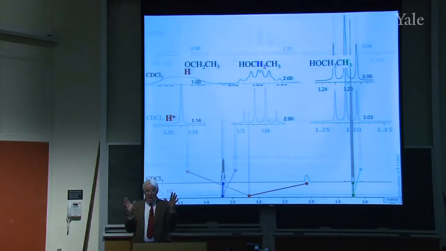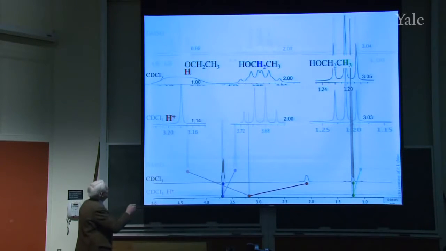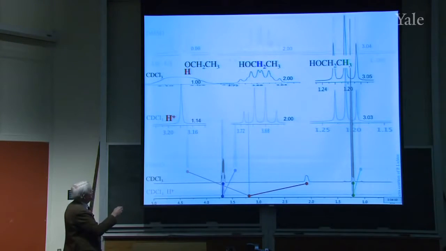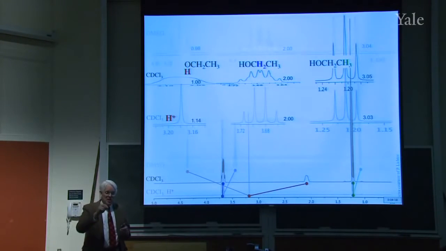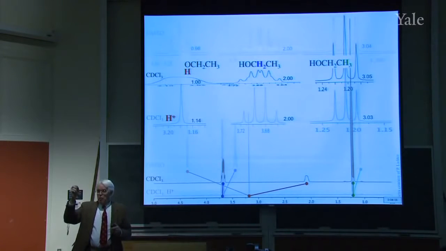Most of the time they're on alcohol, but sometimes, 14%, they're as H+. And what you're seeing is the average of those in this case. So this is averaging. The H's are zipping around not only between acid and alcohol, but from one alcohol to another alcohol, right, by way of the acid.